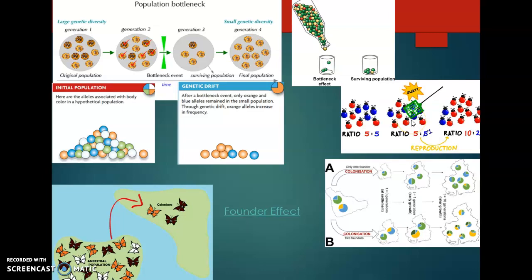So whatever the event is, you're going to be left with a smaller surviving population. So back to our marbles. After our catastrophic event, we're only left with some red and blue marbles. So all the white and the green, they've been demolished. So that definitely has changed our population, and it's just by chance.